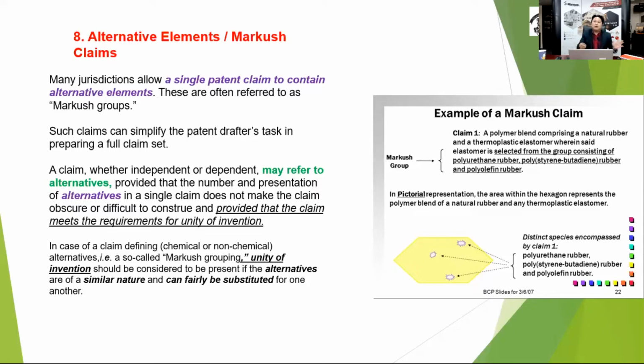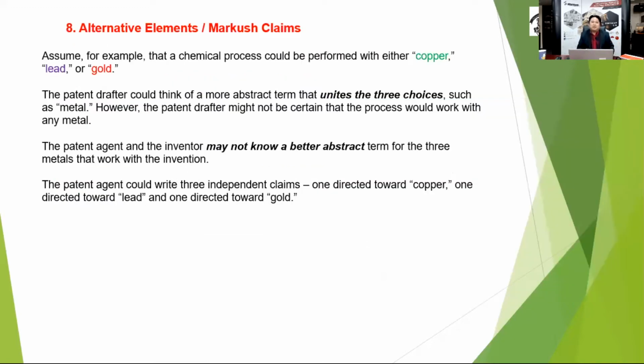Okay, let me show you one example. Assume that a chemical process could be performed with either copper, lead, or gold. So a drafter must think of more abstract, more generic terms to unite these 3 choices, such as metal.